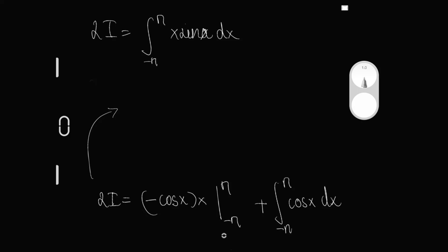Minus cos x, so here imagine you're applying pi, so let's take minus common outside. Cos pi is minus 1, so minus pi minus of minus pi in terms of cos.